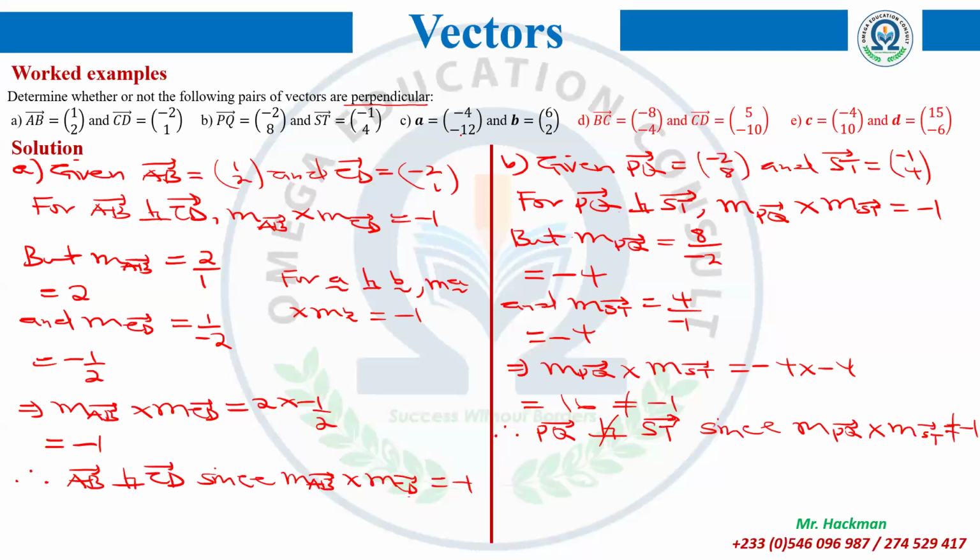This over this will give us 3. The negative will cancel. And what about this over this? 1. So 1 on 3. Will the product give you -1? No, the product will give you 1. So it means the vectors will not be perpendicular. You get the point?